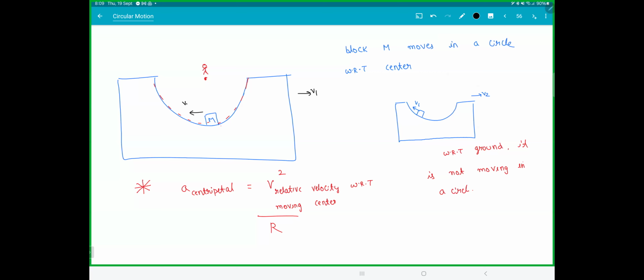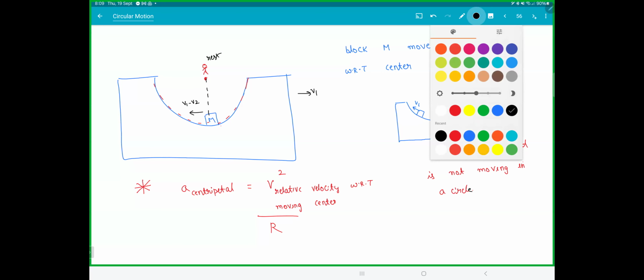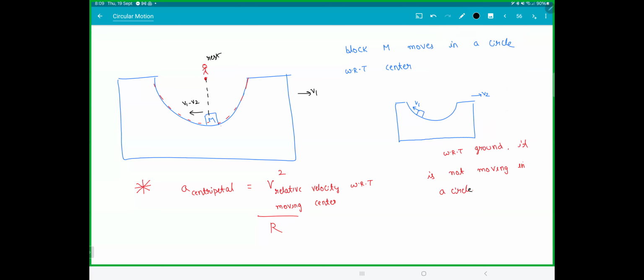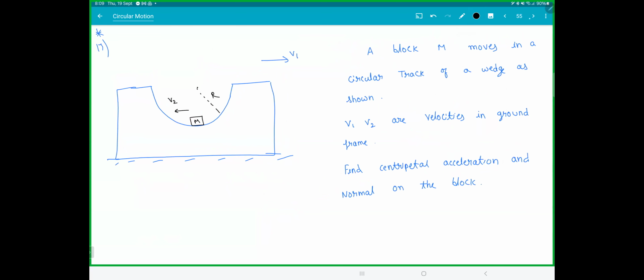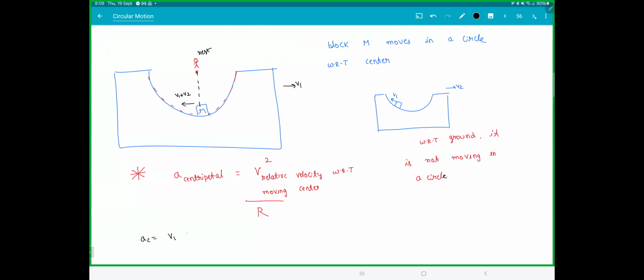So it thinks it is going with v1 minus v2. Make sense? You bring this person to rest, and that is what he will think. Both are going opposite, right? They'll add up, v1 plus v2. So v1 plus v2 whole square by r. This is your centripetal acceleration, everyone.